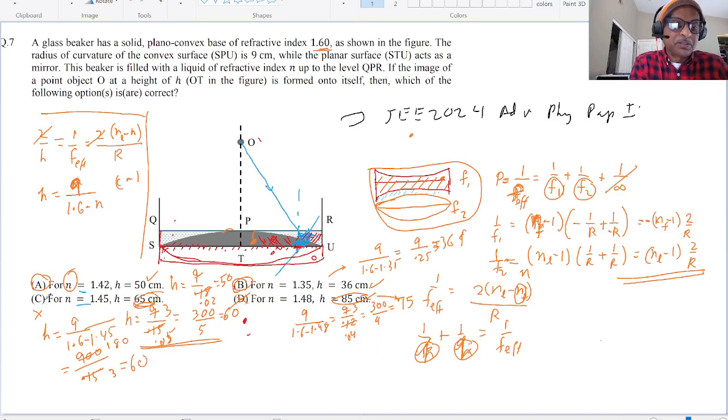So of course this is not it. Okay, so we get A and B. A and B are the correct answers, and the two others are wrong.